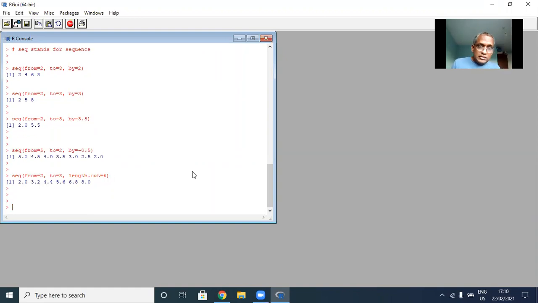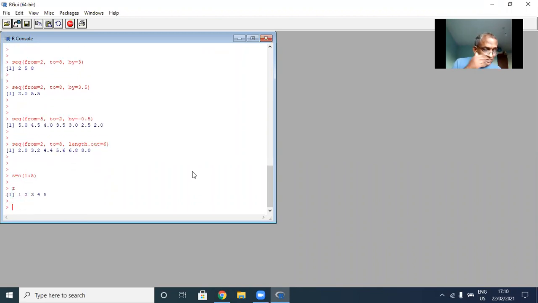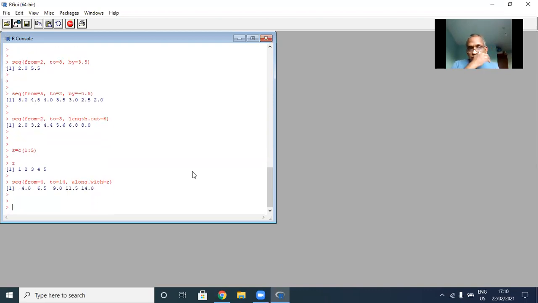And similarly, you can say something like this, for example, suppose you have this Z, which is a sequence from 1 to 5. Then you can say sequence 4 to 14 along with Z, and it will produce this.